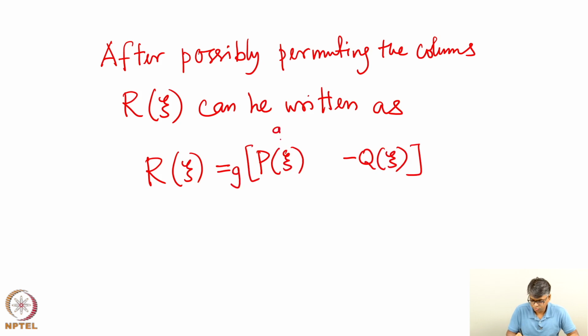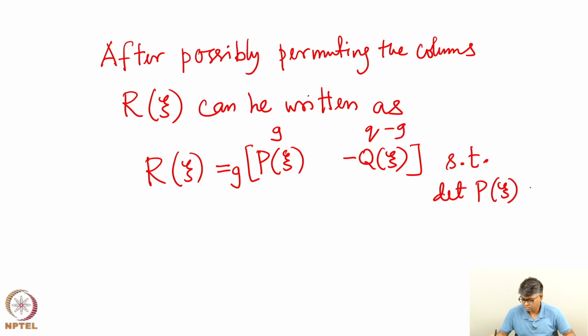This is G by G, this is G by Q minus G, such that determinant of P(ξ) is not equal to 0.